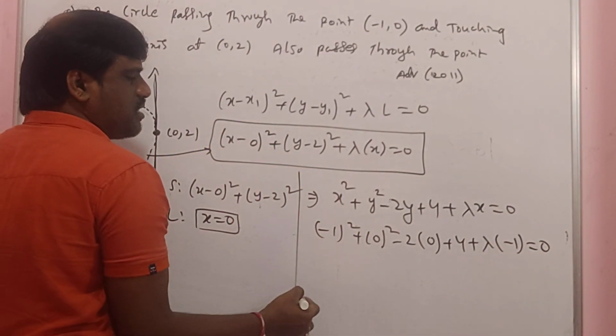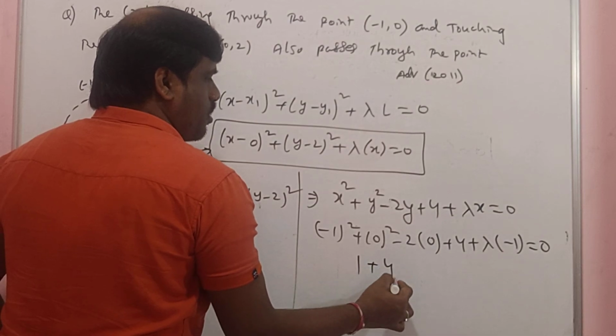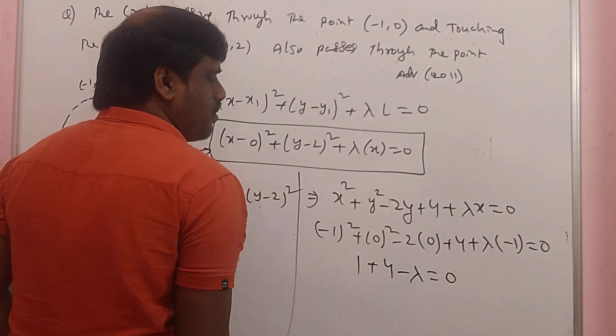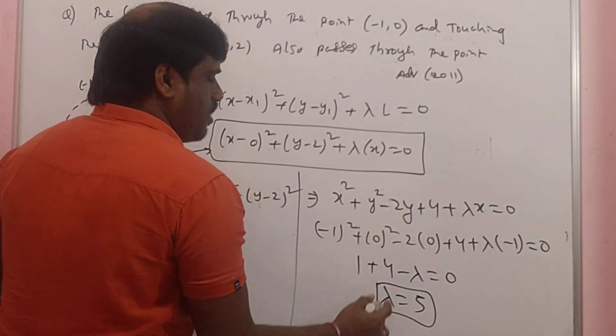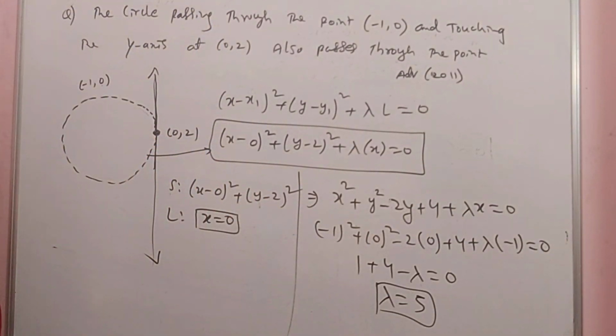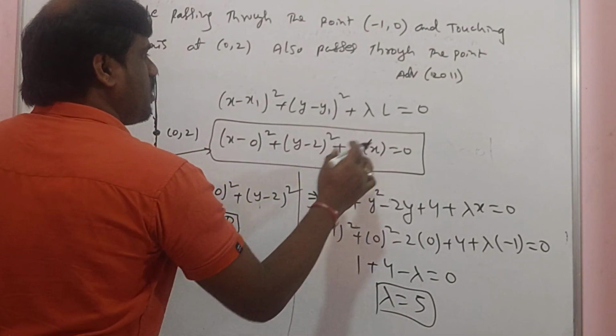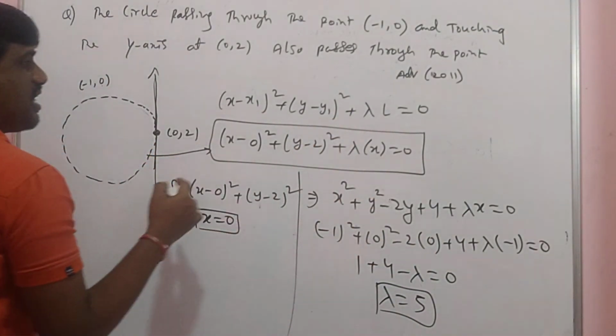Minus 1 square is 1, plus 4, minus lambda is equal to 0. So I get the lambda value as 5. Lambda equal to 5, you substitute here.